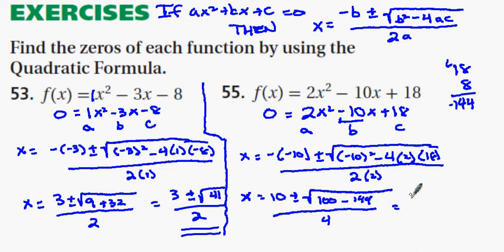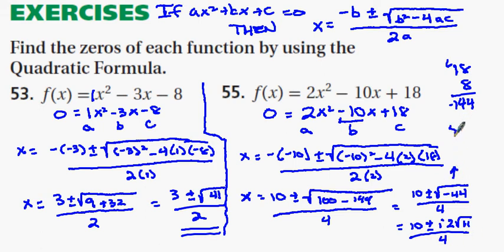So I have 10 plus or minus the square root of negative 144 all over 4, which is the same as 10 plus or minus i times 2 square root of 11 over 4, which can be finally reduced to 5, which is the same as 5 plus or minus i root 11 over 2.